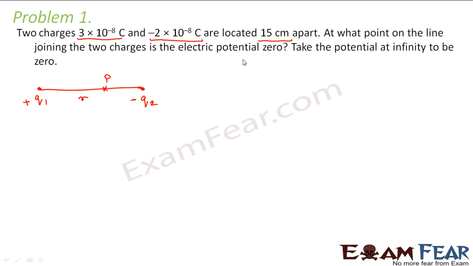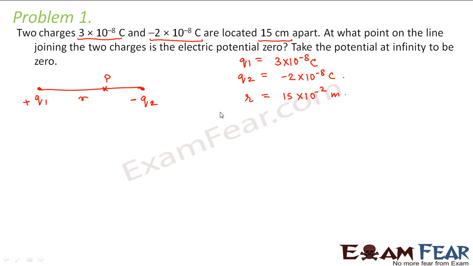Now first let us write down the values which are given in this problem. Q1 is given as 3 into 10 to the power minus 8 coulomb. Q2 is given as minus 2 into 10 to the power minus 8 coulomb. The distance between the charges, that is R, is given as 15 centimeters, that is 15 into 10 to the power minus 2 meters. Right?